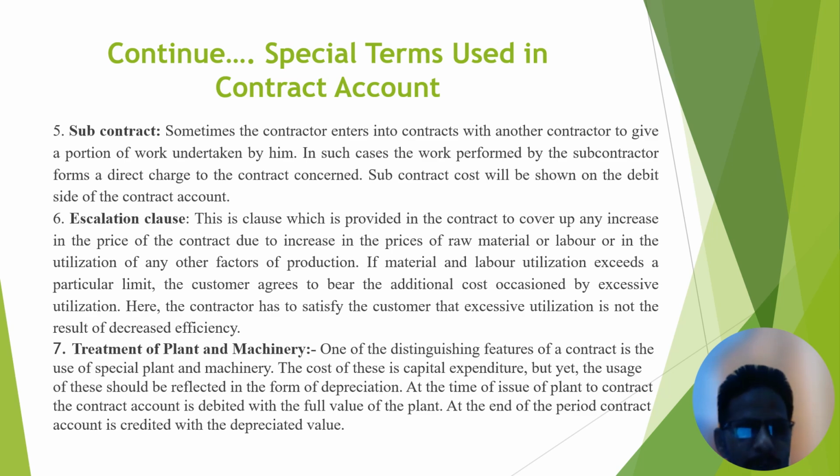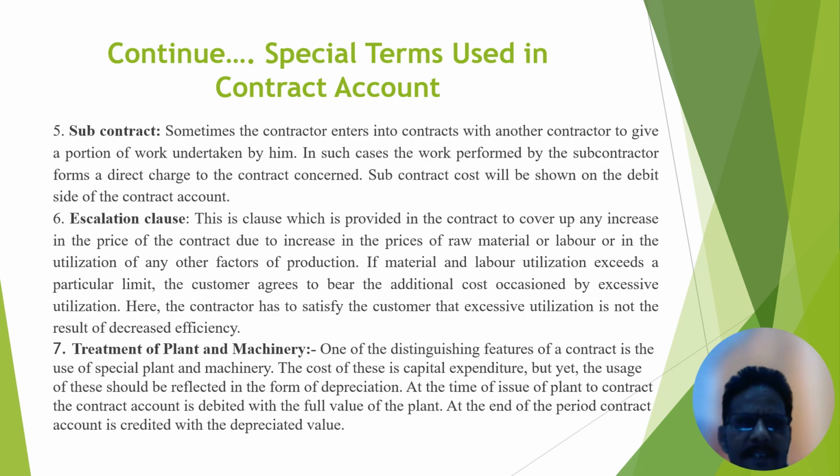Now, escalation clause, here this is also a repeating part. Under the escalation clause, suppose any contractor takes one contract of 20 lakh rupees for preparing one residential house or any apartment or any building. Suppose this contract is running for more than 5 years.